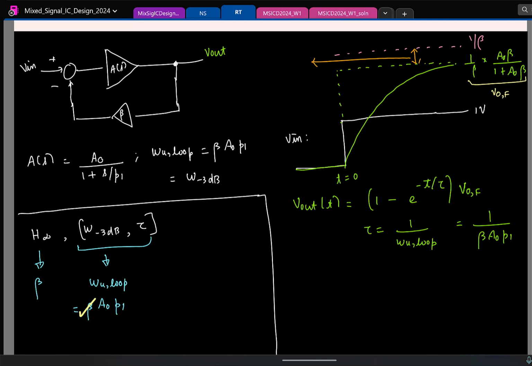If I take the difference between this and this, what do I get? 1 by? Okay. So this is a steady state error. So if I give you the steady state error, from there you can actually find what is the gain value.